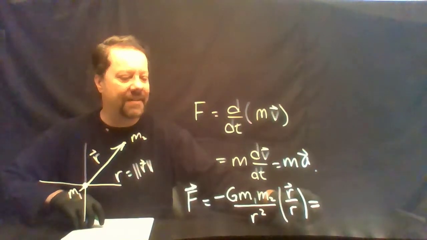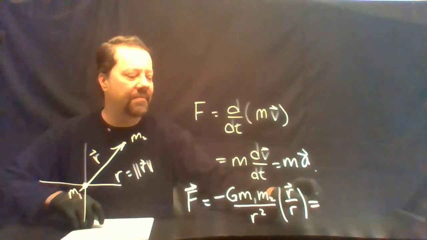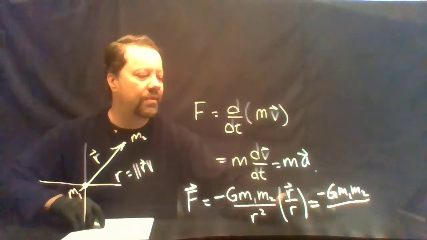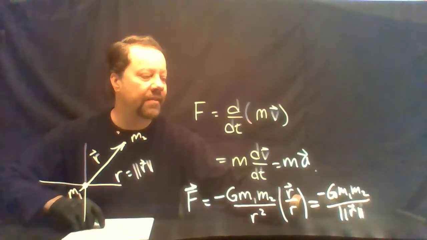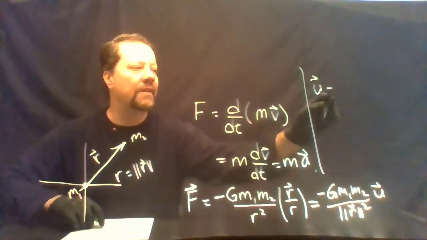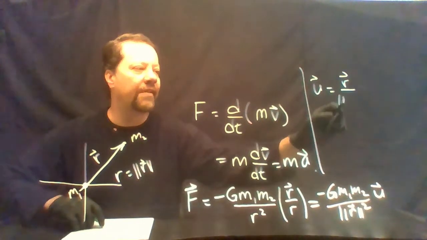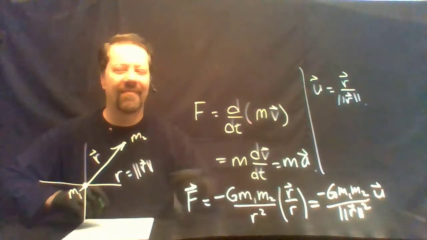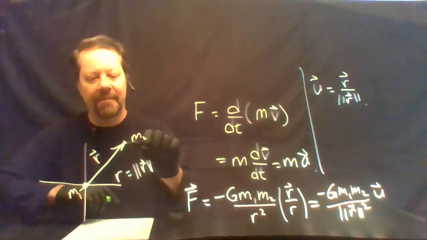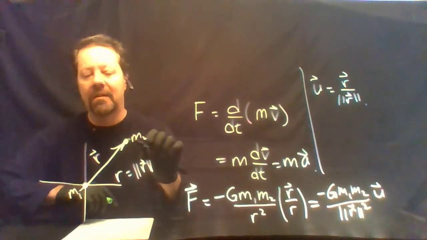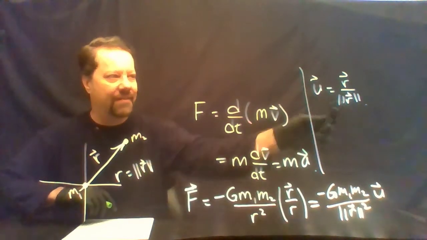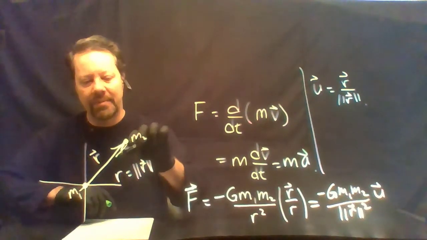We can simplify this as follows: minus G m1 m2 over the norm of the position vector squared times the vector u. Here we're assuming u is r over the norm of r. We're using a minus here because I'm thinking of the force of attraction for the smaller object, m2, towards the bigger object. If we negate this vector u, the force will be going in.